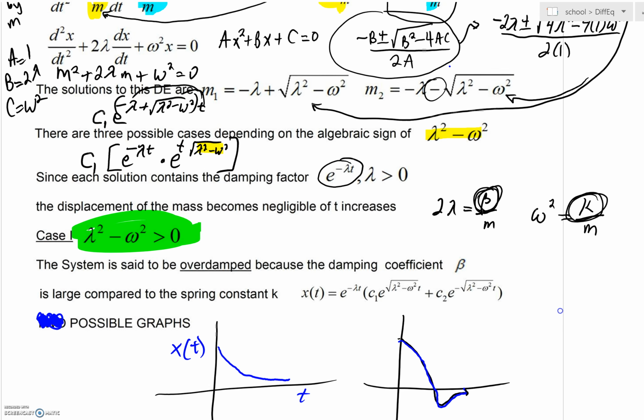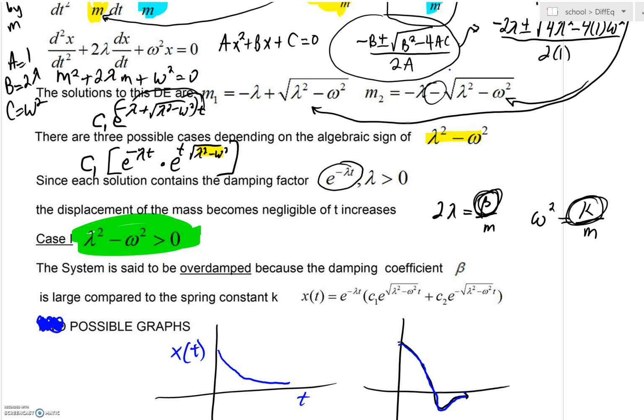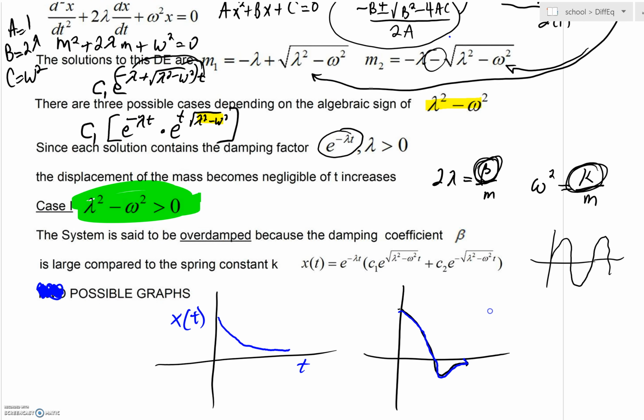It's not going to be able to oscillate and forever bounce around. Normally you would picture a spring to look something more like a sine or a cosine wave. It would appear to look something like so. But if you're over damped, that damping coefficient is large. So what would that look like as we would graph it?